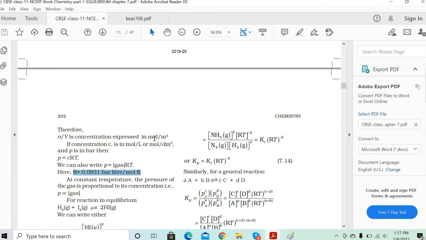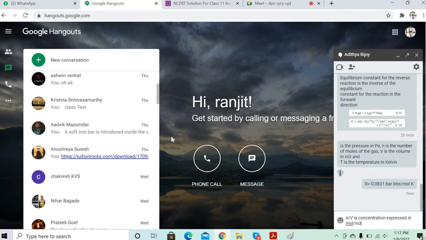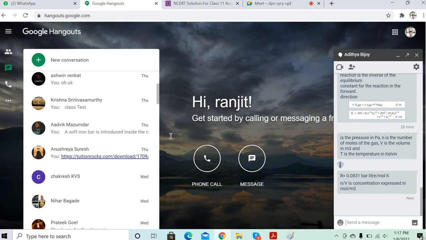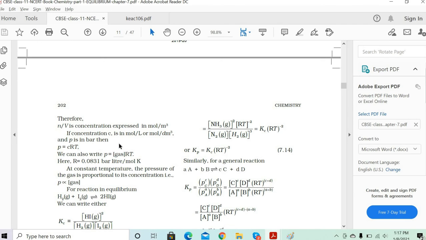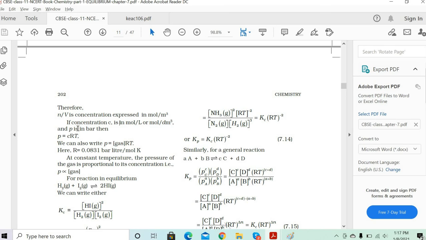Now one more thing we need to notice is that n by V is the concentration expressed in moles per meter cube. n is the number of moles, V is the volume, so it becomes moles per meter cube. Moles per meter cube is also written as moles per liter or moles per decimeter cube. Got it? If in PV is equal to nRT the volume is in meter cube, fine.